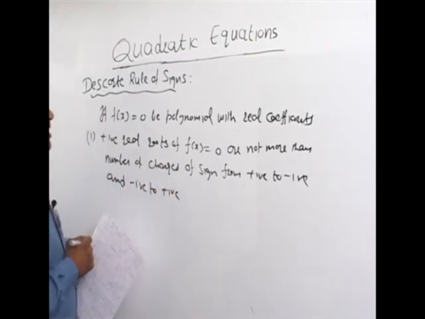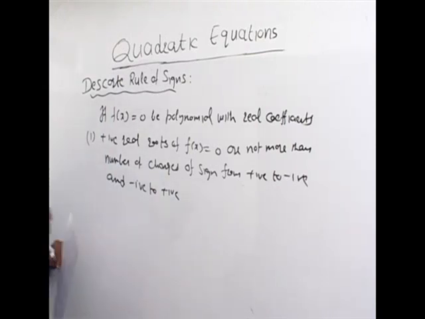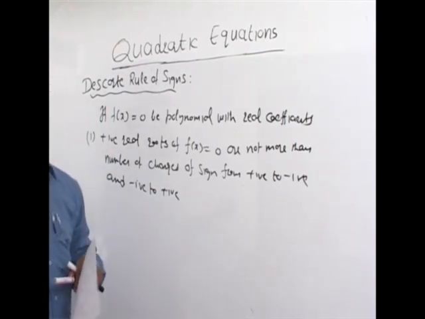What does it mean? Descartes says that if we know the polynomial, that is, we know the coefficients.